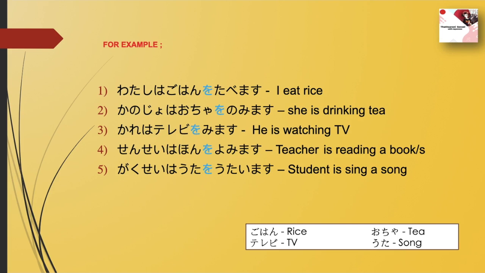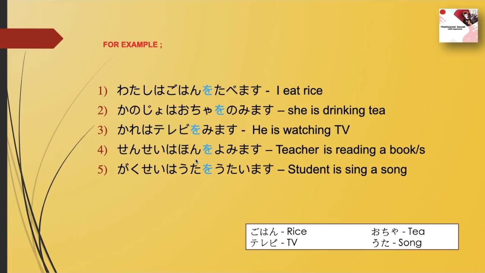Okay, the next one, that is teacher is reading a book. Here, this is sensei wa hon wo yomimasu, right? Here, for teacher we say sensei, and we have the wa here, and after that the next word is hon.